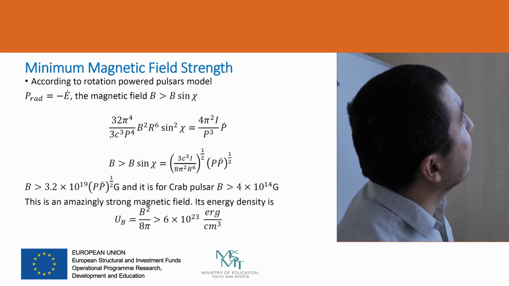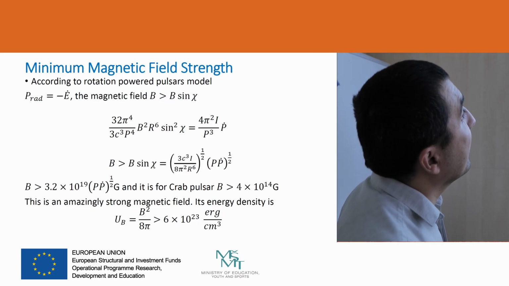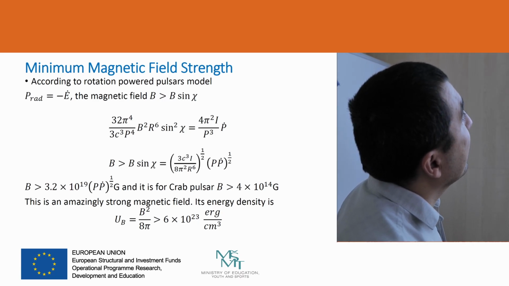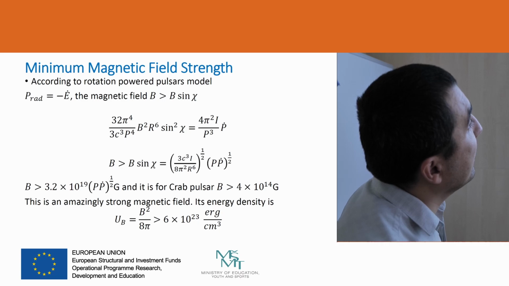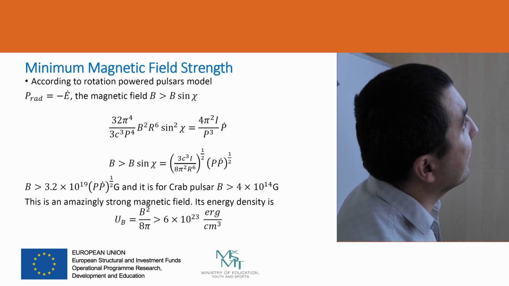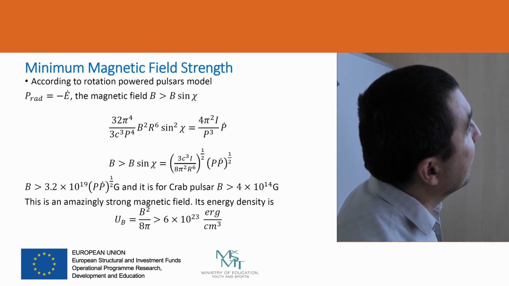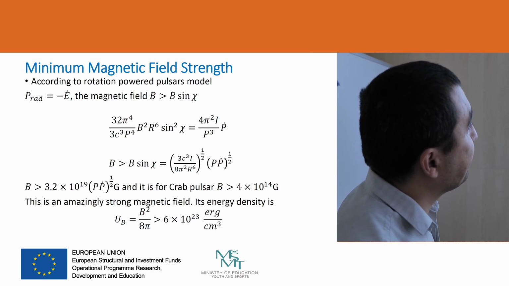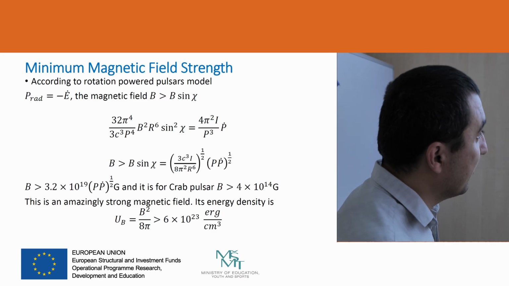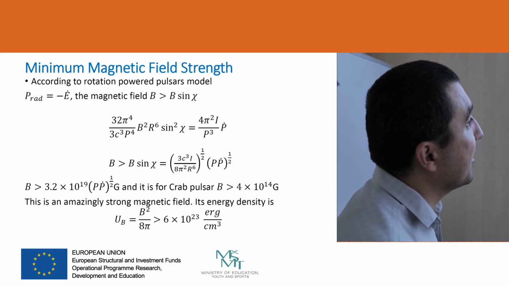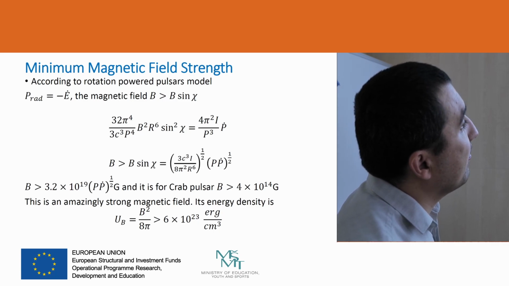Here is a simple estimation for the minimum and maximum values of the magnetic field, and the Poynting flux at the energy density of magnetars for the Crab pulsar.